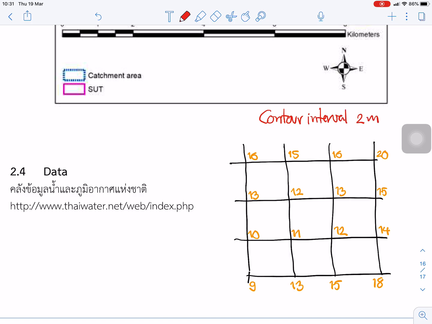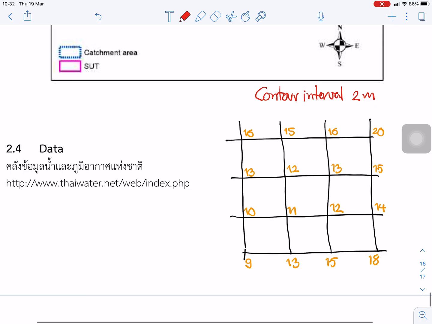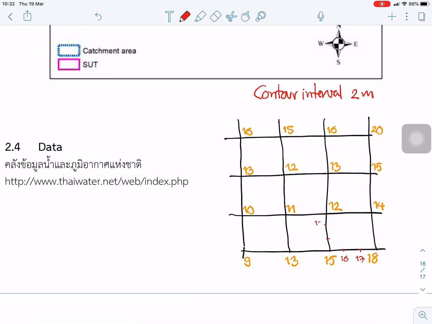If you want to draw a contour interval of 2 meters, we can do interpolation from these spot elevations. For example, from this point 15 to 18, we can divide into 3, giving 16 and 17. From 12 to 15, we can divide into 3. And from 14 to 18, we divide into 4 parts.